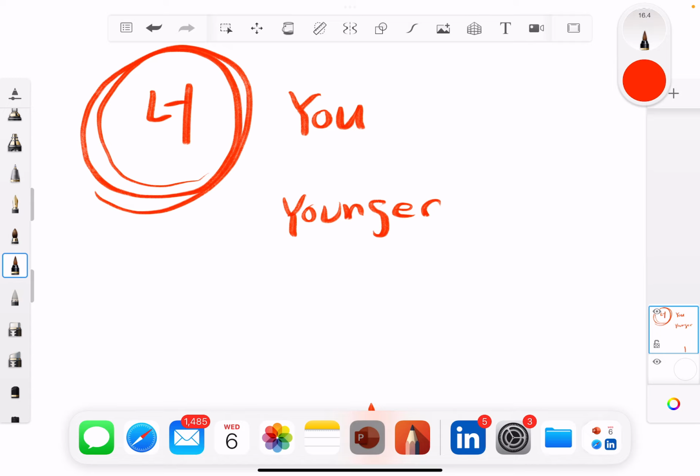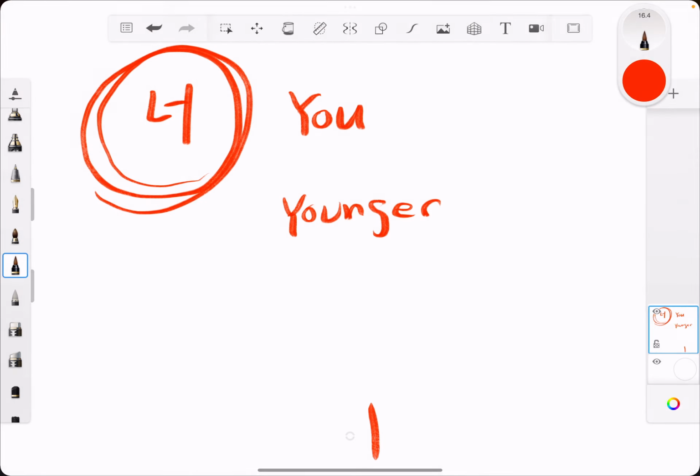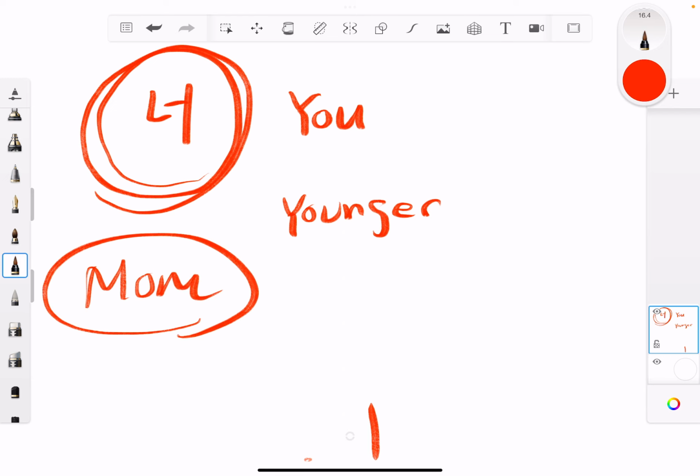So that's one note that was over here. And the only alternative is to address or reference people with terms instead of second person pronouns. For example, 김 선생님. So if I was talking to my mom, I wouldn't say 엄마, 너 이거 하세요.